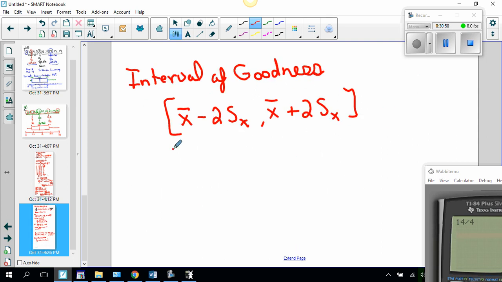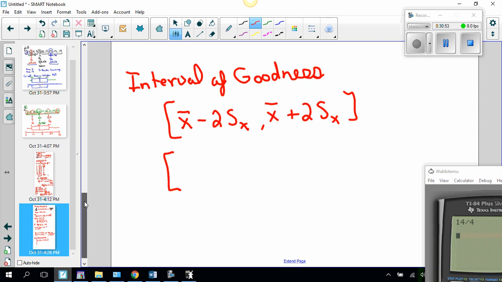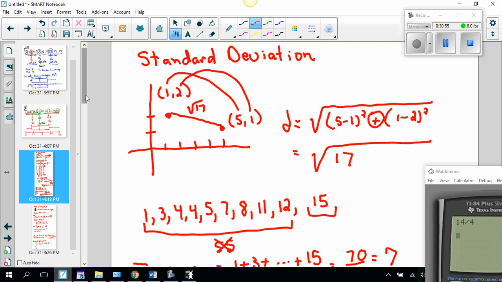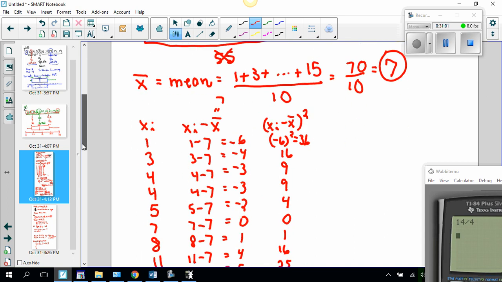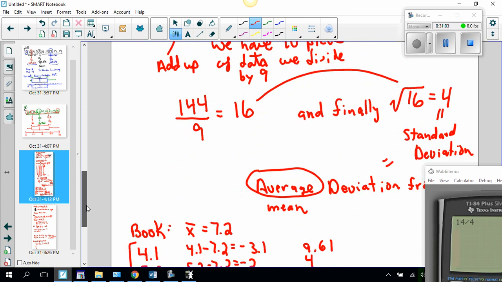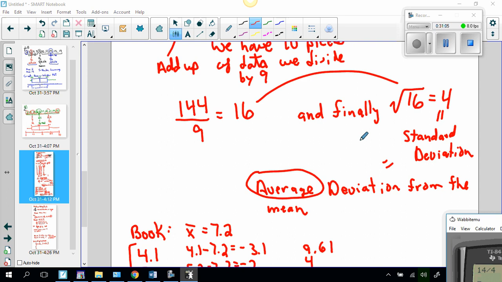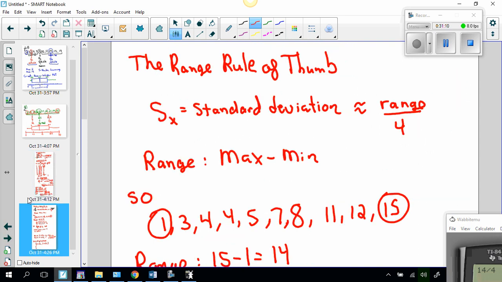Now the book doesn't come out and say this, was really weird. Now in my problem, this perfect problem that I got lucky and created, we know x bar was 7, and we know Sx, the standard deviation, was 4. So 7 and 4.